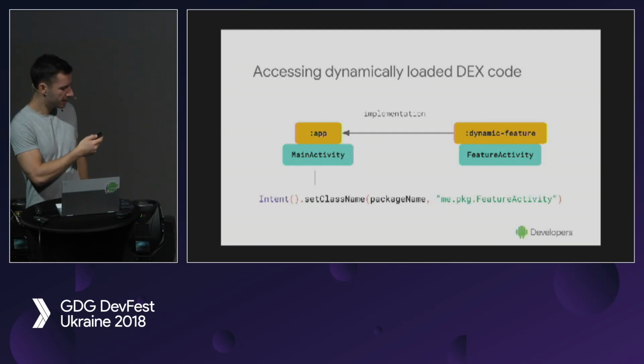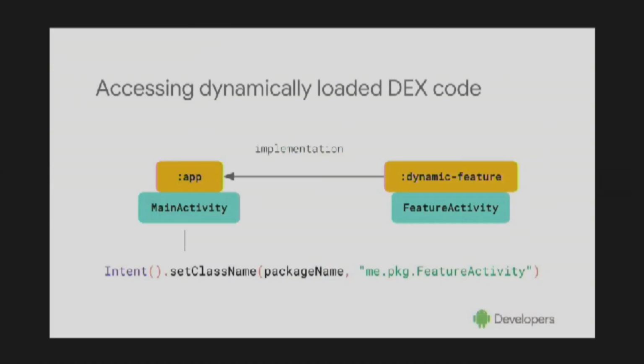The main difference is that usually when you have an activity, you would probably simply use the class name, the actual class object of that activity. Because like I said, you don't have access to these classes in compilation time, you simply have to use the set class name with literal strings here. And now once you've launched that feature activity from your main activity, you don't have to worry about reflection or anything. Now program control is here, this activity is running, you can access anything that's in your installed APK.